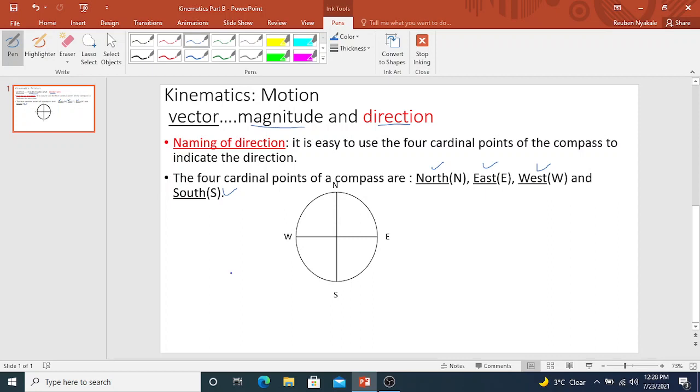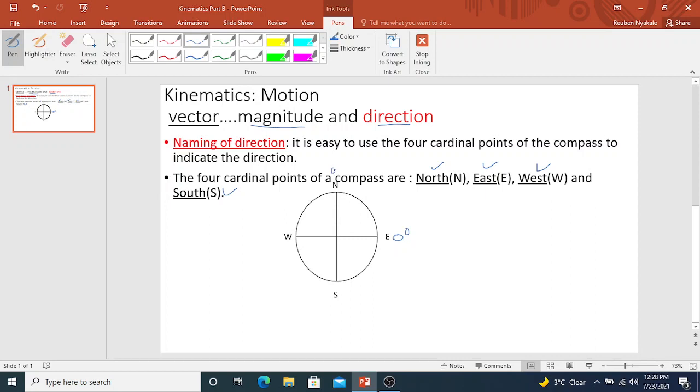We know that the direction is indicated in a quadrant. This is your quadrant, your Cartesian plane. We know that east is at 0 degrees when we are using your quadrant.